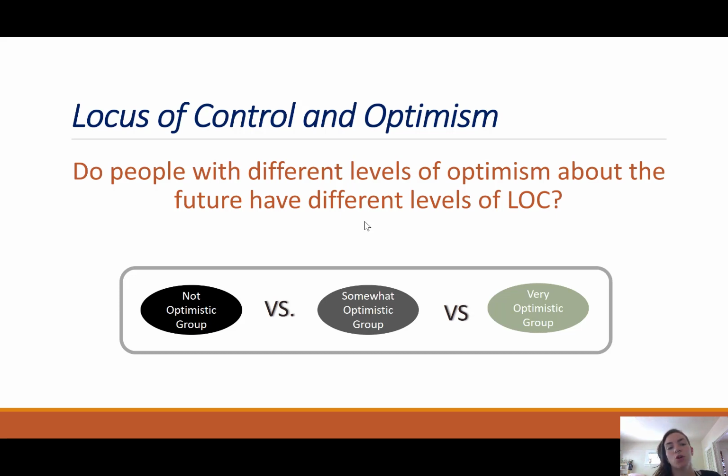Our research question is, do people with different levels of optimism have different levels of locus of control? Locus of control is a trait that determines how much control you feel like you have over your own life and the things that happen to you in your life.